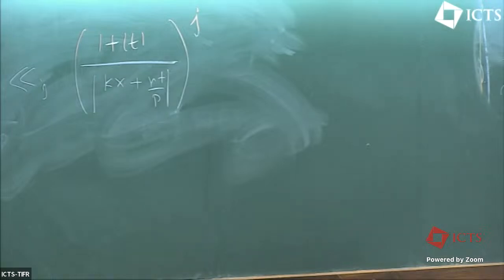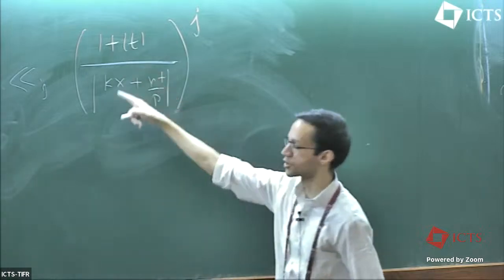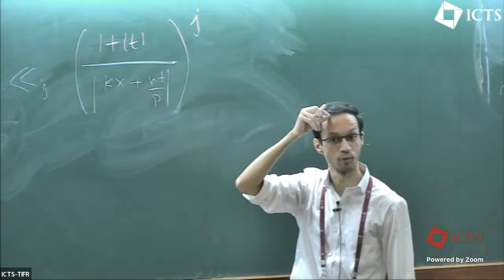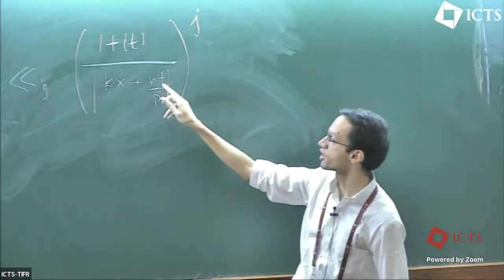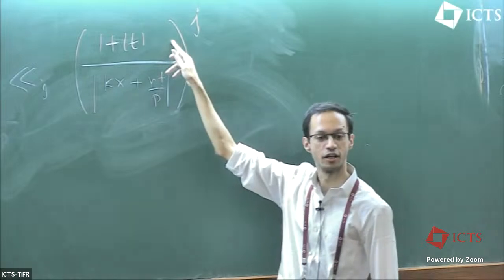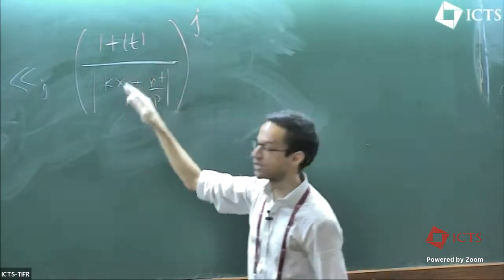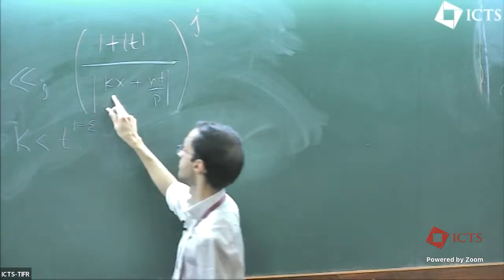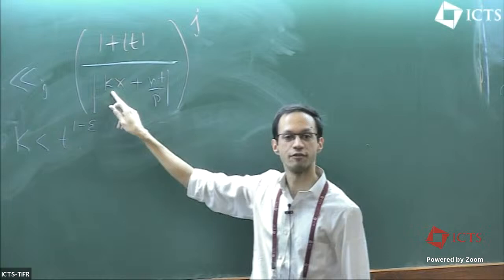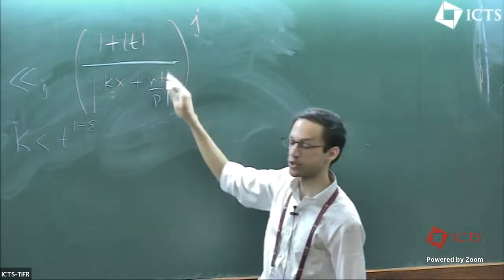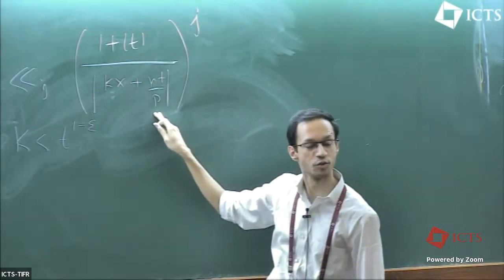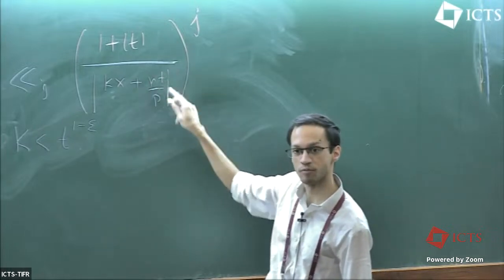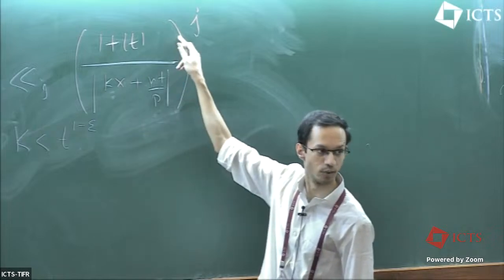And now notice that if r is big, then the denominator is big, so the fraction is small. So if you take its jth power, that is also going to be very small. Now the question is, how big should r be so that it is much bigger than the numerator? One of the assumptions that we had taken is that k was already less than t to the 1 minus epsilon. So this part does not really have a chance of winning over the numerator. So it's only this part that can win over the numerator. As soon as r is bigger than p, rt over p is going to be bigger than t, and you will have a saving.